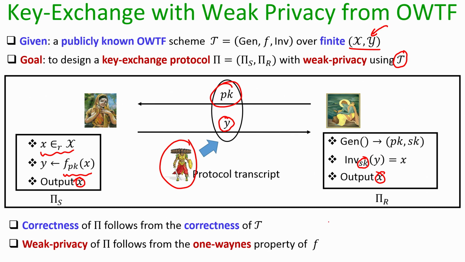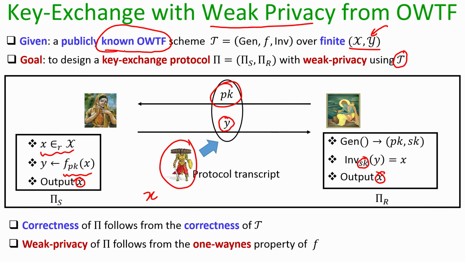We are not aiming here for the indistinguishability based secrecy definition. We are actually aiming for an all or nothing kind of security requirement, because we are in the weak privacy setting. So, if the polynomial time adversary, by learning the public key pk and the function output y, can come up with x in polytime with significant probability, then we have an instance of the weak privacy or invert experiment where a polytime adversary can win that experiment with non-negligible probability, which goes against the assumption that the trapdoor function scheme is a one way trapdoor function scheme.